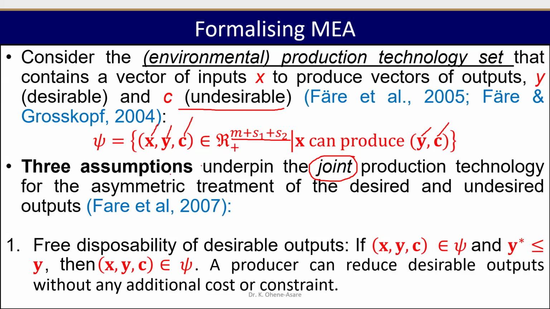Okay, so I think that this assumption is saying that for the desirable output in particular, you can reduce the desirable output without having to incur any additional cost. How to explain? What managers produce, the desirable output that managers produce can be reduced without incurring additional costs.